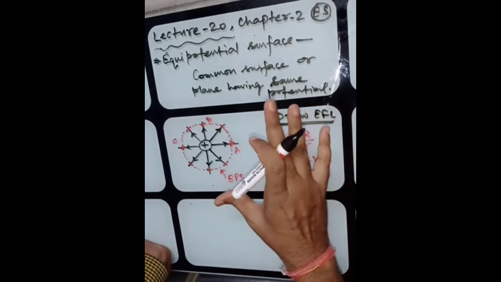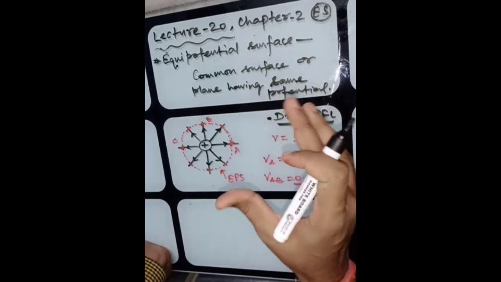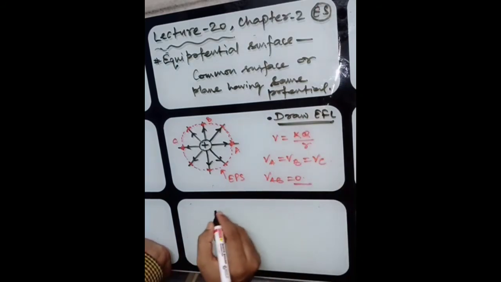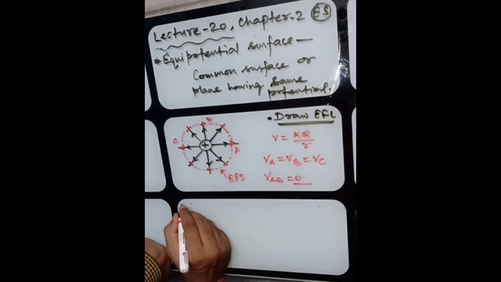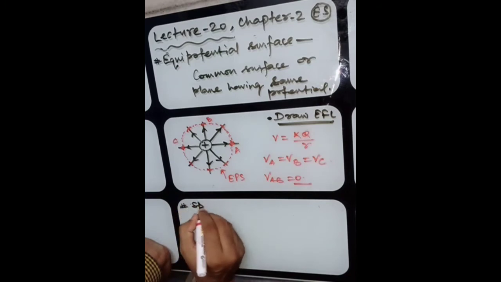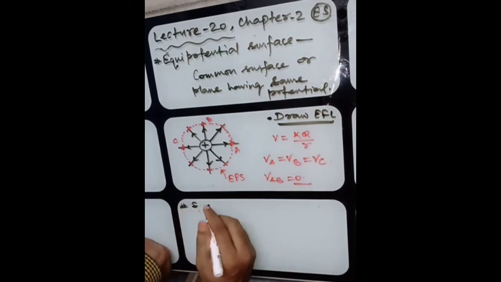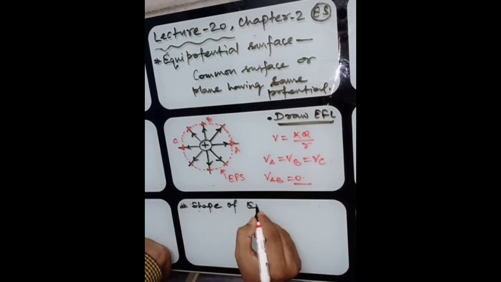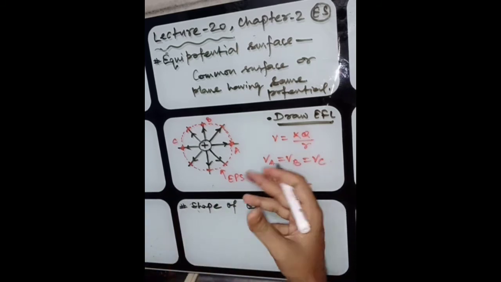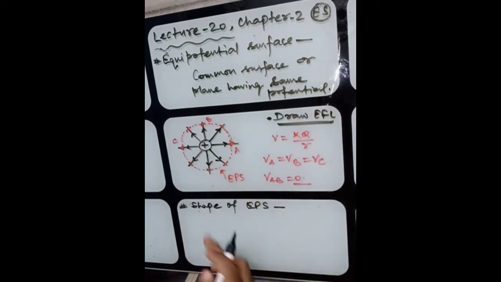The next point, my dear students: I'm making the heading, write down shape of equipotential surface. I'm giving you some conditions, as I gave you this one. This is the uniform field.